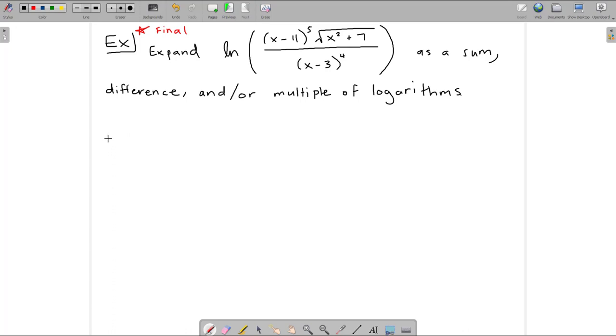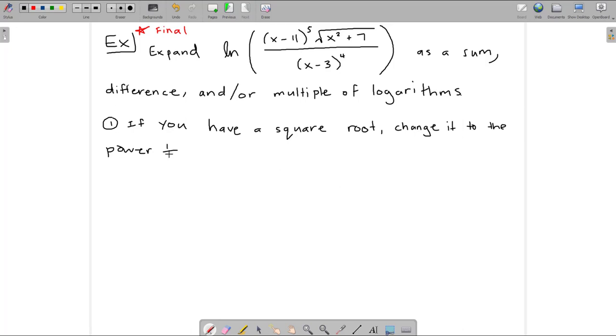So probably the first thing that I would like to deal with is the square root. We don't know how to deal with that yet using any of the properties, but remember that you can change a square root to the power 1/2. Remember that the square root of x is the same as x to the 1/2 power.